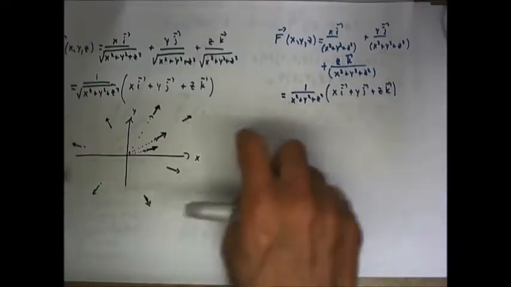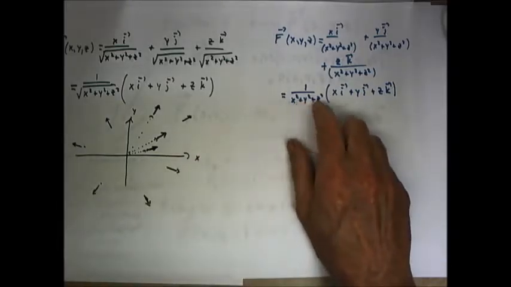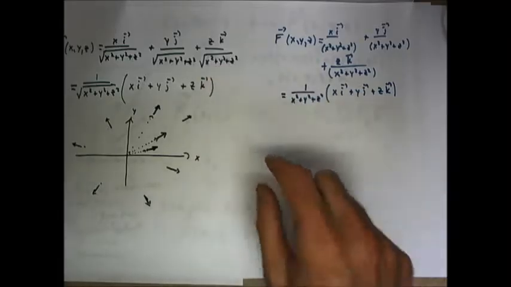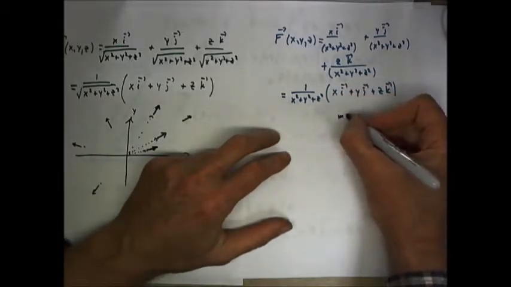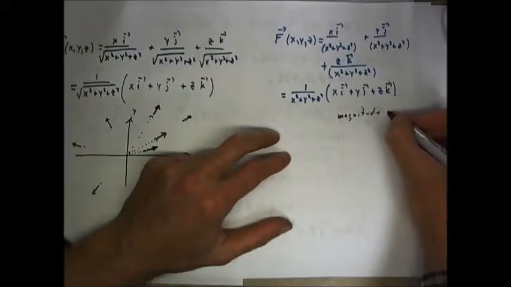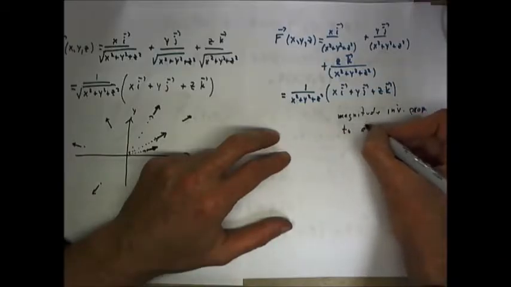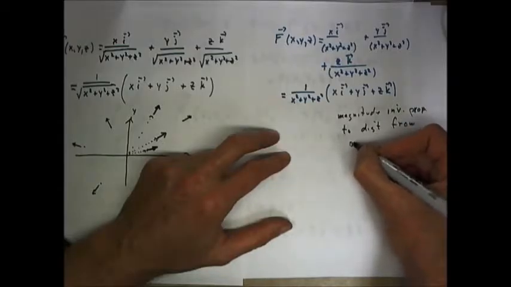This is no longer a unit vector as it was in the preceding example, because now we have a denominator that's actually equal to the square root to the square of the previous denominator. Now, I'd probably leave it to you to prove that the magnitude is inversely proportional to the distance from the origin.